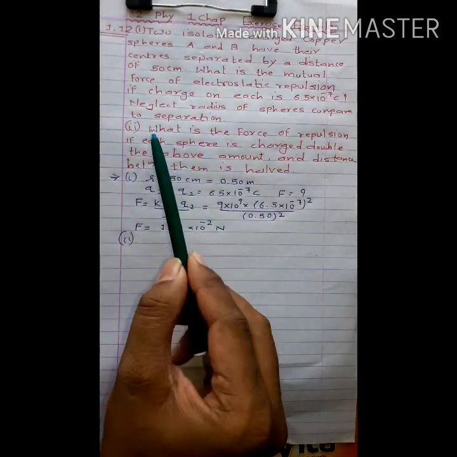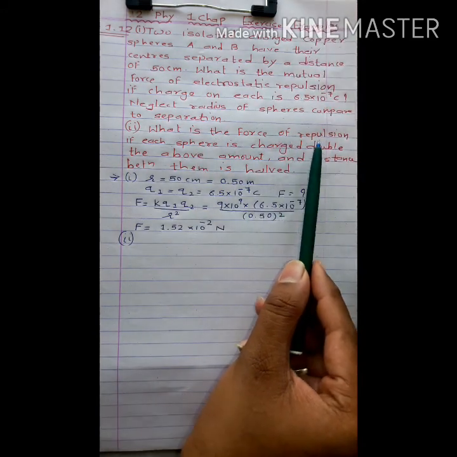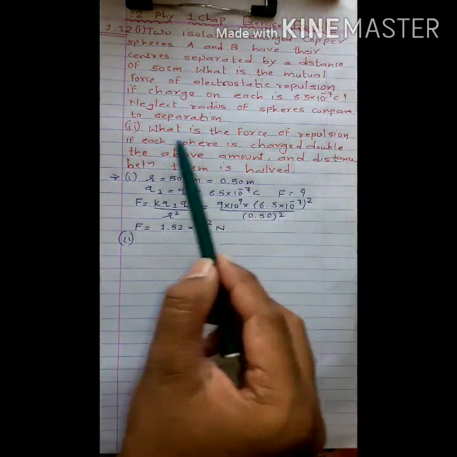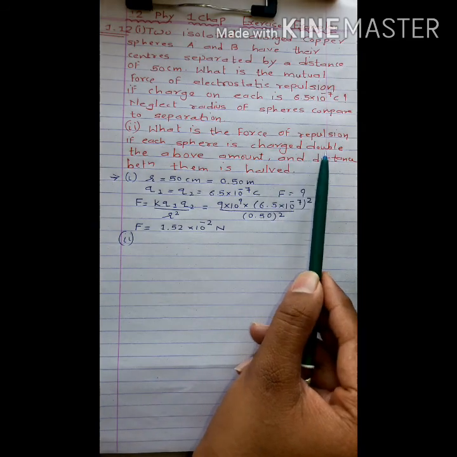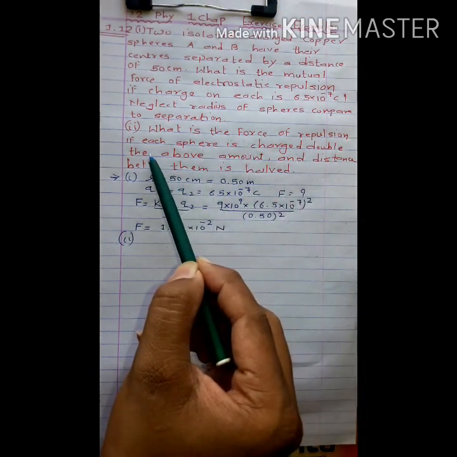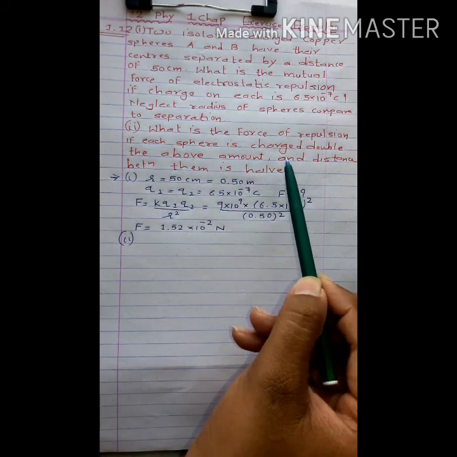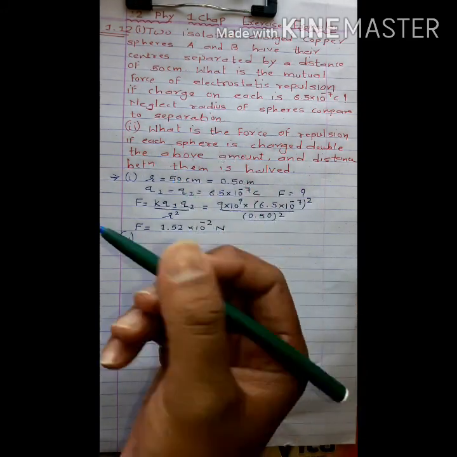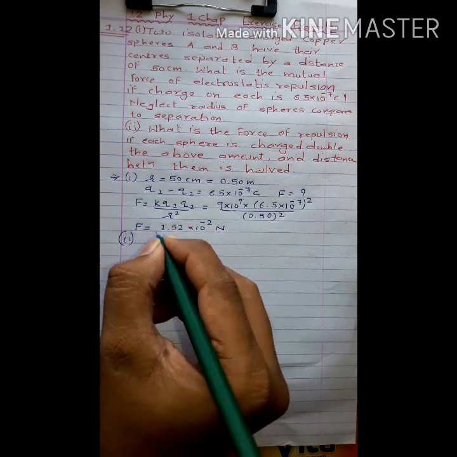Now the second question: what is the force of repulsion if each sphere is charged double, and the distance between them is half? So here we will use a simple condition.